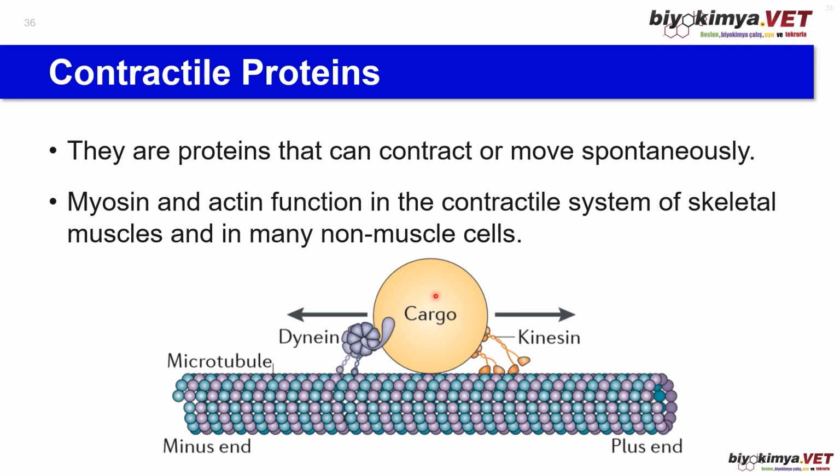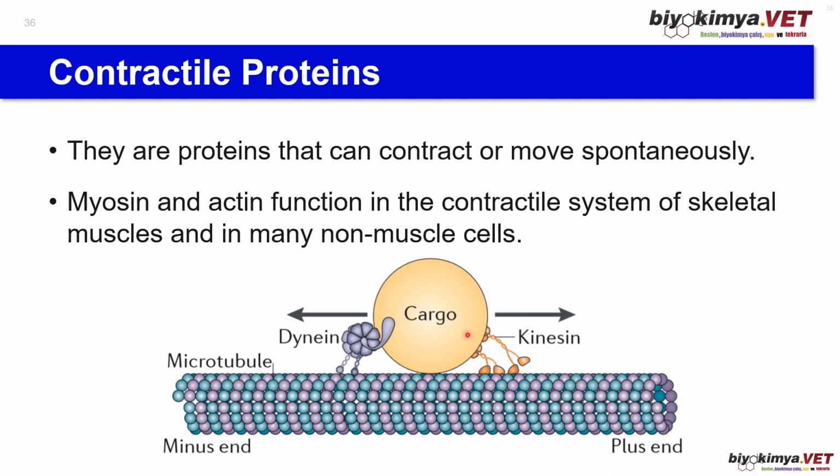Dynein typically moves toward the minus end of microtubules, and is involved in diverse cellular processes, such as the movement of vesicles, positioning of organelles, and the mitotic spindle during cell division.